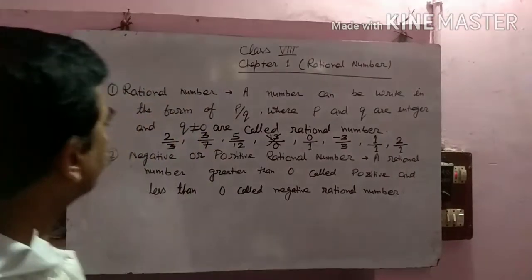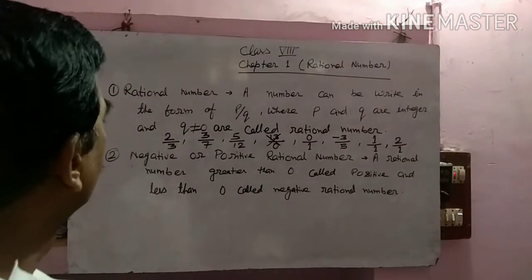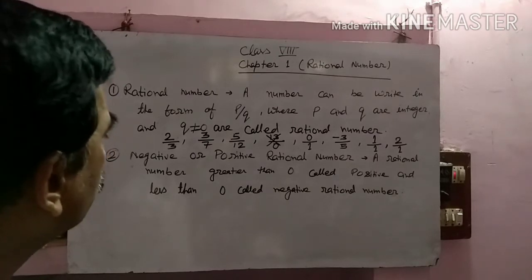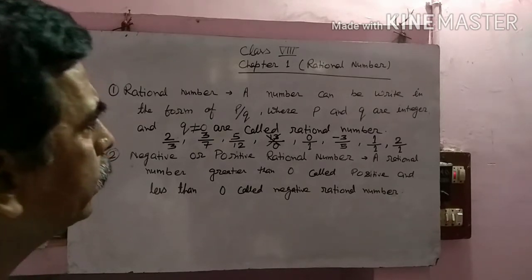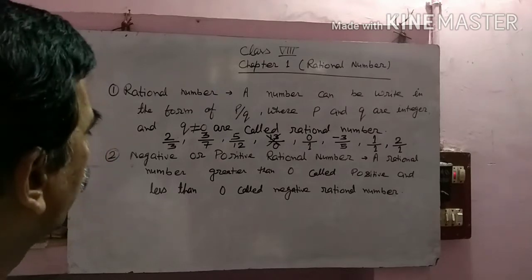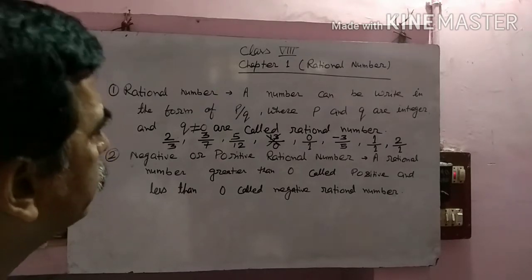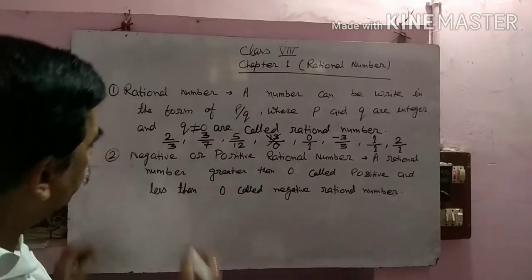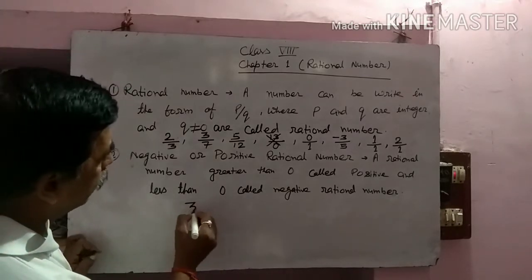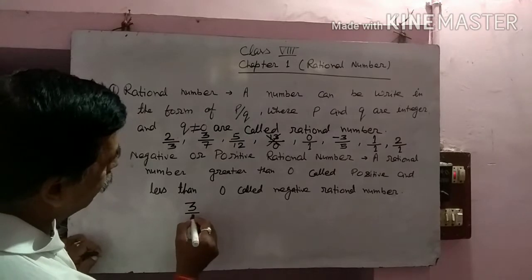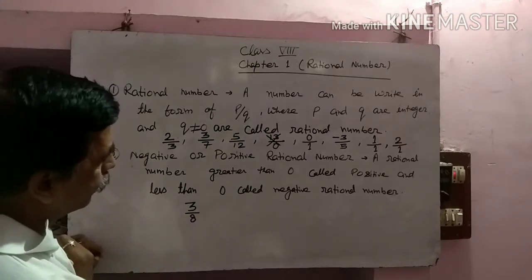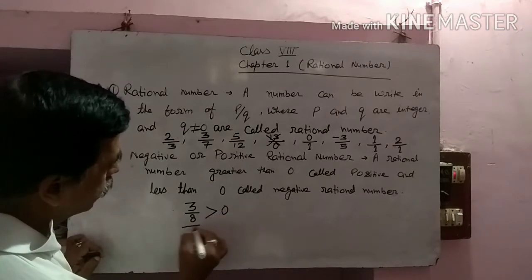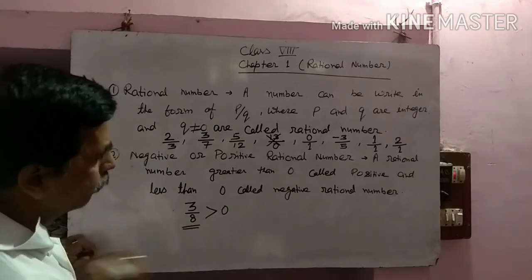Okay? The second topic is the negative and positive rational numbers. A rational number greater than 0 is called positive and less than 0 is called a negative rational number. Suppose a number is written like this, 3 by 8. It is greater than 0, so it's a positive rational number.